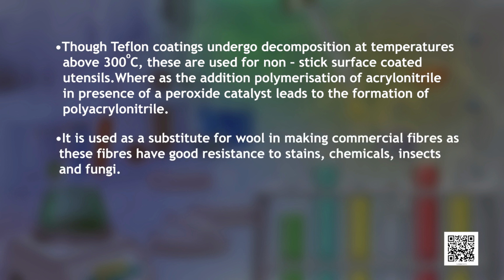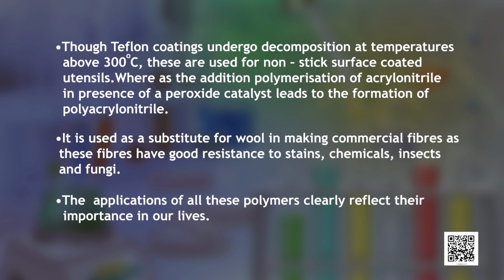It is used as a substitute for wool in making commercial fibers, as these fibers have good resistance to stain, chemicals, insects and fungi. The application of all these polymers clearly reflect their importance in our lives.